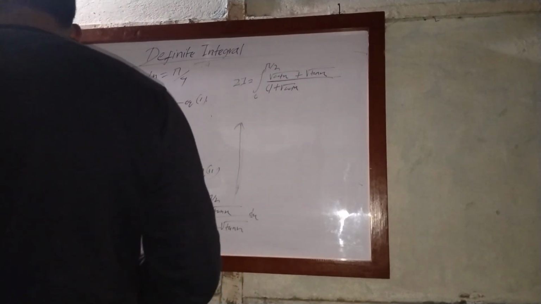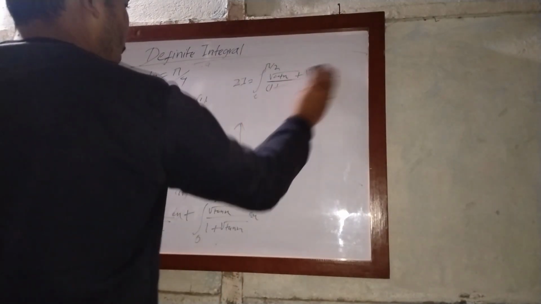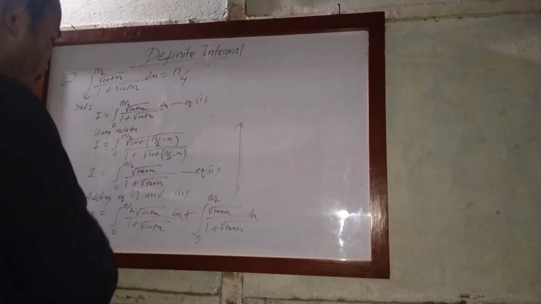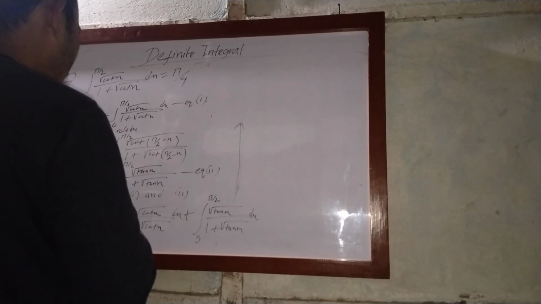Before that, we have to convert this root cot x into tan x. Let's convert it into tan x.